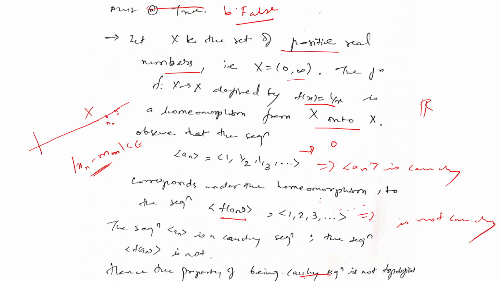Now this sequence is not Cauchy, right? So you have a sequence which is Cauchy, but its image is not Cauchy. The sequence a_n is a Cauchy sequence, but the sequence f(a_n) is not Cauchy. Hence, the property of being a Cauchy sequence is not topological.